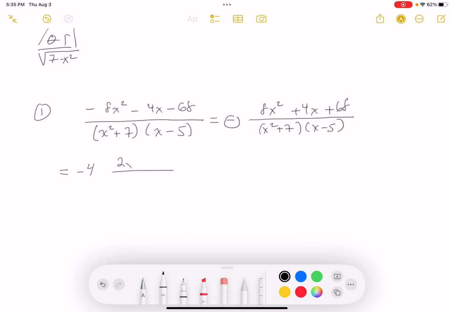You get 2x squared, might make it easier for me. Again, I'm factoring out 4. X, and then plus 17, right? Let me make sure that's true. 40 and 20, yeah, it looks great. Over this here.